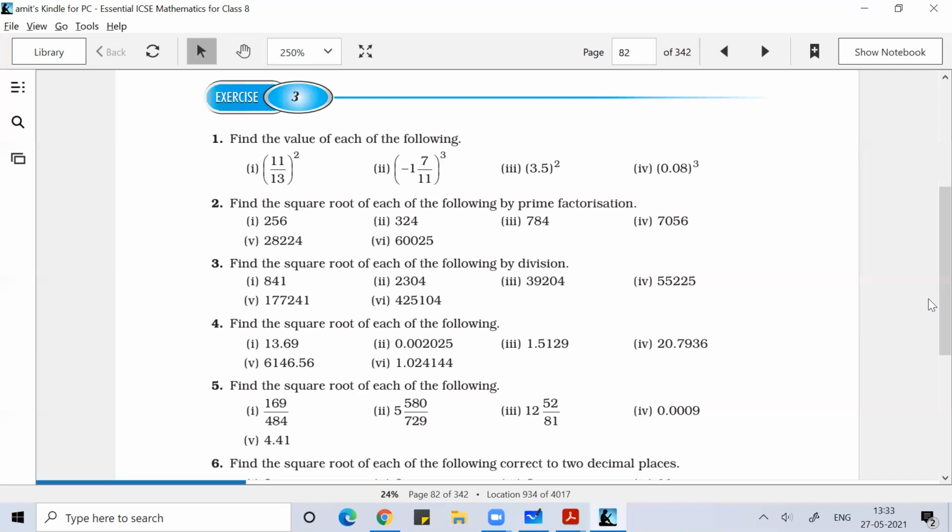Square root number 2, 256. I think 256 now. Okay.